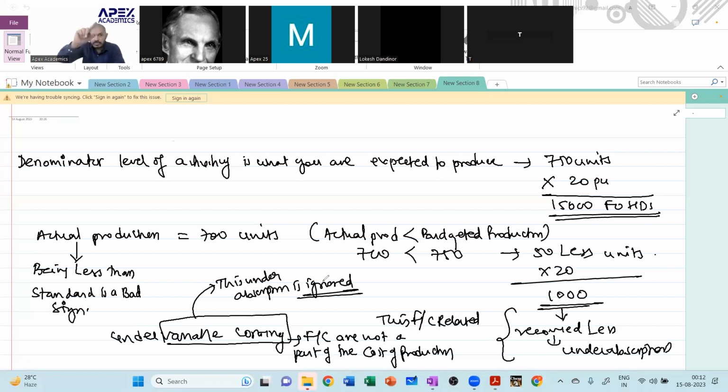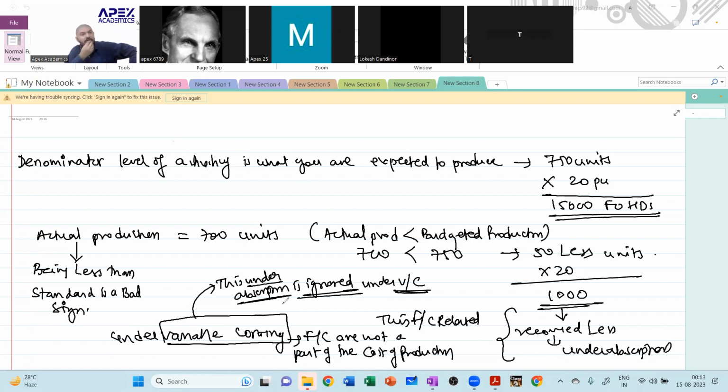But if this was absorption costing, this would not be ignored. Do you understand what I just wrote? Because variable costing does not consider fixed overheads to be a part of the cost of production, that is why I'm ignoring this.